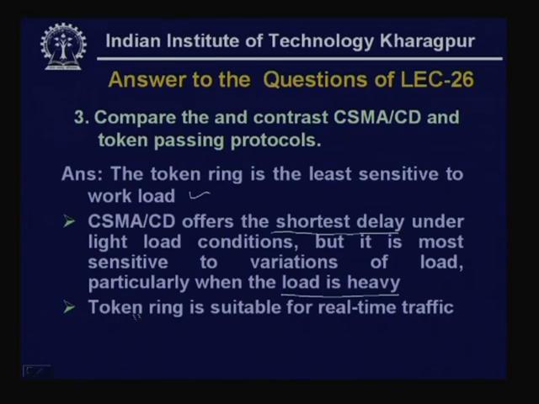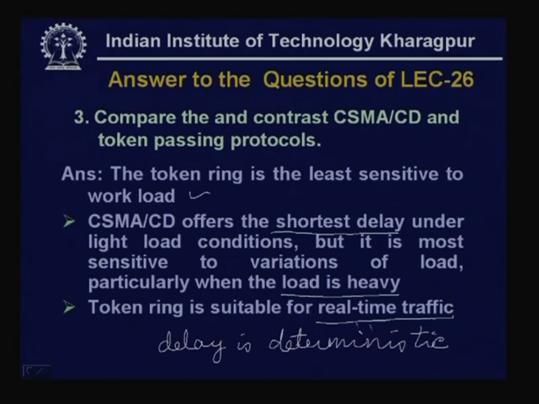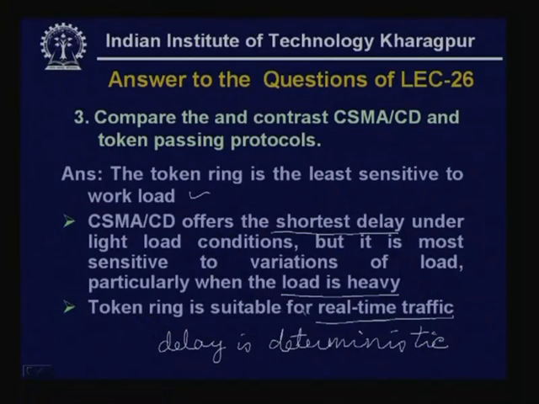Another important difference is that token ring is suitable for real time traffic because the delay is deterministic. You know what is the worst case time? Deterministic. But in CSMA/CD it is not deterministic. How long it will take is not known. As a consequence, in case of CSMA/CD, some packets may take very long time to deliver, and there is a possibility that some unfortunate packet will not be delivered, because in binary exponential backoff algorithm, after 15 collisions a packet is dropped.